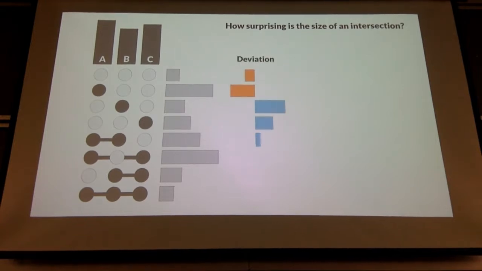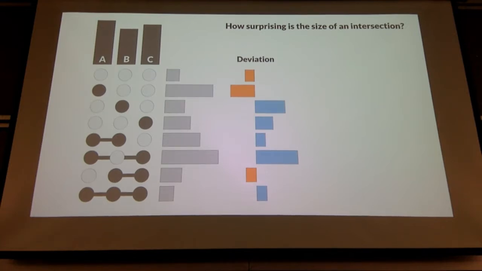Because if you think about this, how big an intersection is also depends a lot on how big the 2 constituting sets are. If we have, let's say, documentaries, there are way fewer documentary movies out there than there are dramas, for example. And the overlaps depend on that.